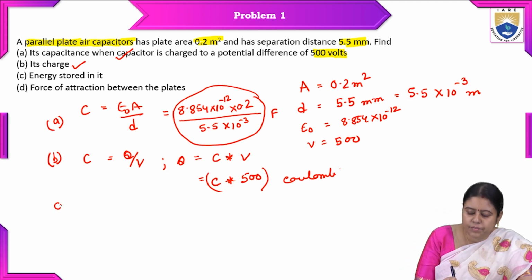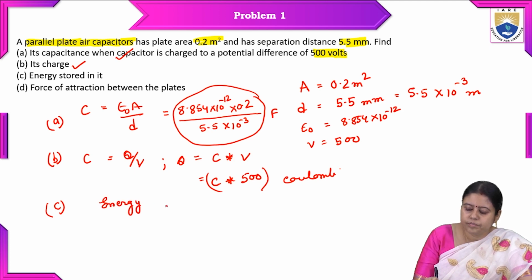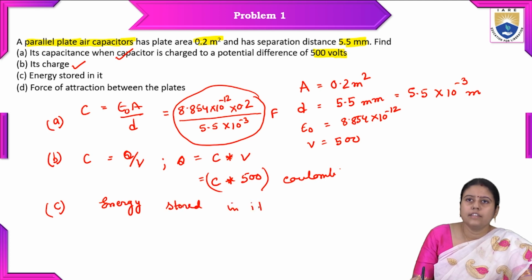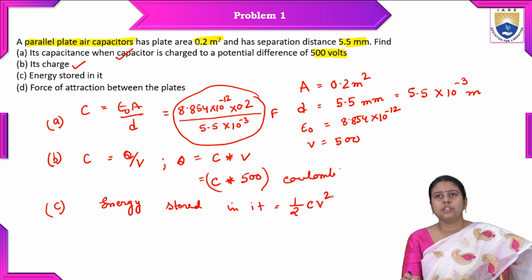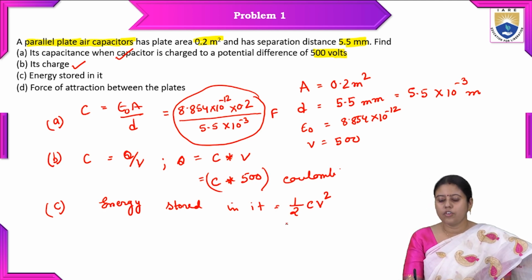Next is question number 3. What is the energy stored in it? Energy stored is always half CV square. We know energy stored is half CV square.